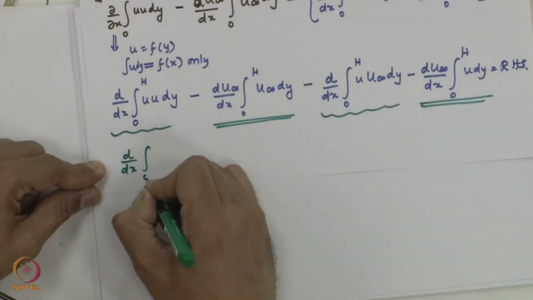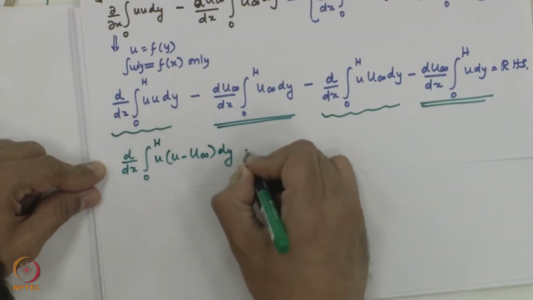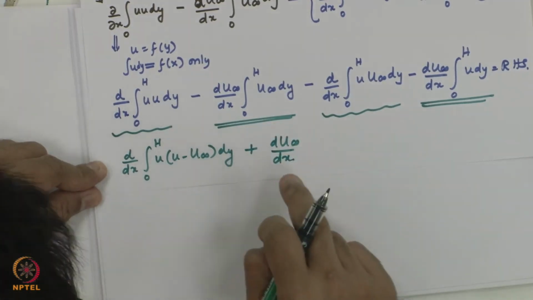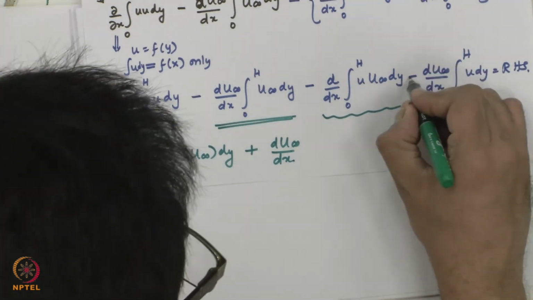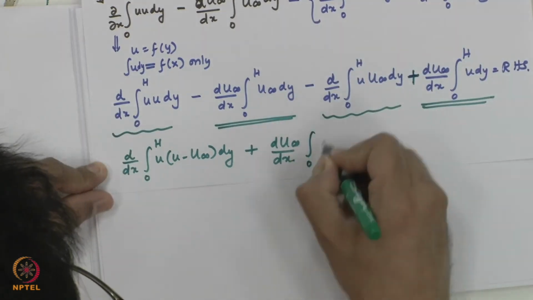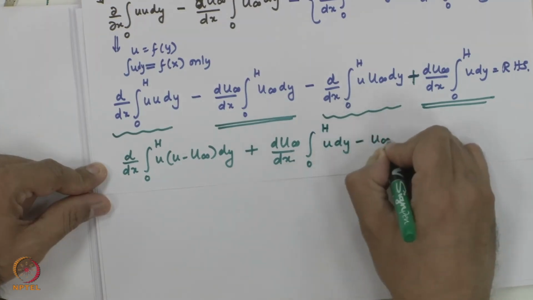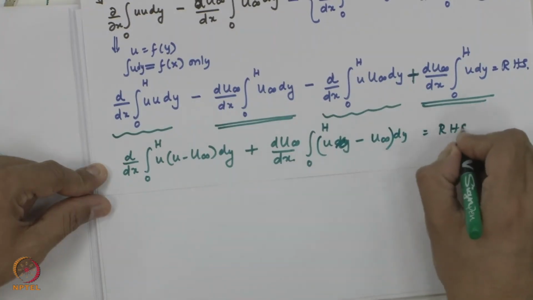So, if I group these terms, I will get d by dx of integral 0 to h u times (u minus u infinity) dy plus du infinity by dx, this is a plus here, sorry, minus into minus is plus, du infinity by dx integral 0 to h of (u minus u infinity) dy, equal to the right hand side.